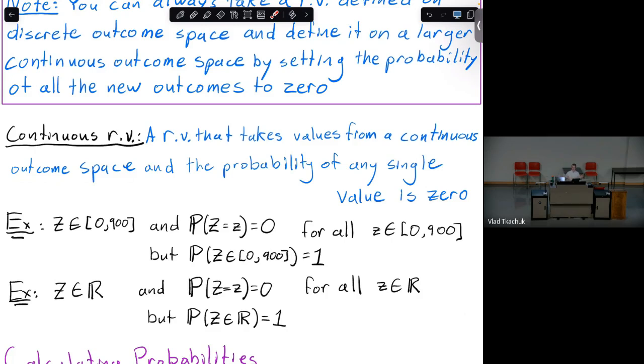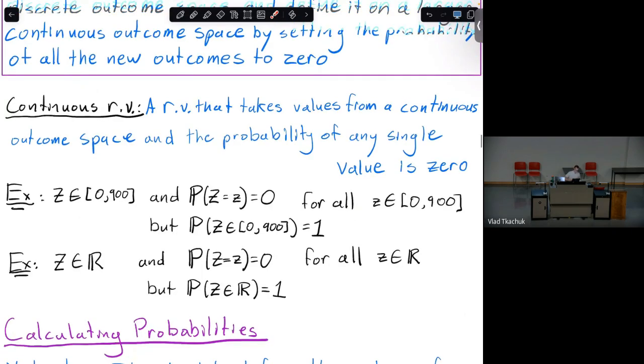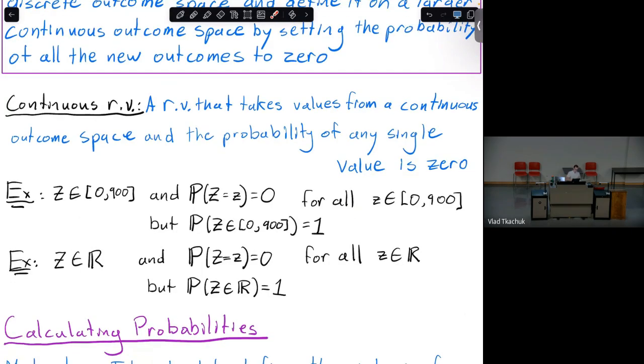Its outcome space is continuous, but the probability of any single value, any single outcome, is 0. This is going to be really weird. So you might have a random variable on the interval 0 to 900, say 0 to 900 milligrams of some chemical. A continuous random variable would be one for which the probability of any single value is 0.